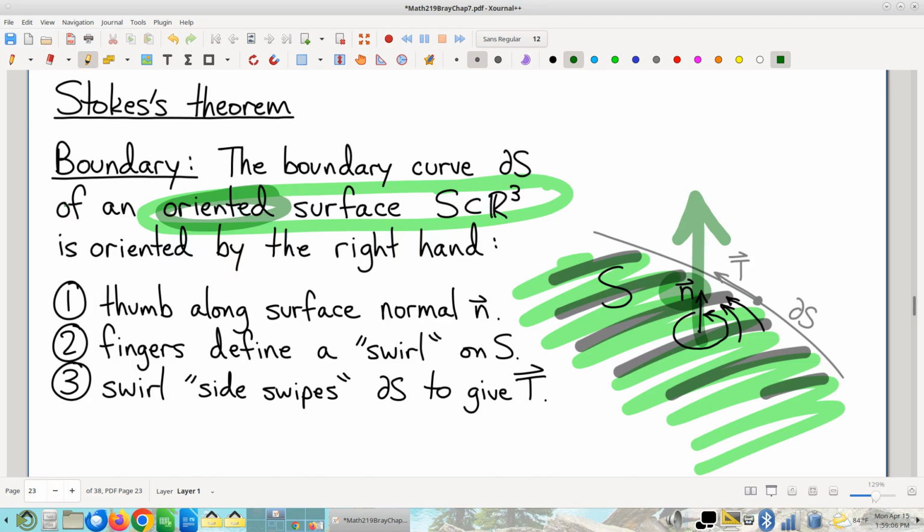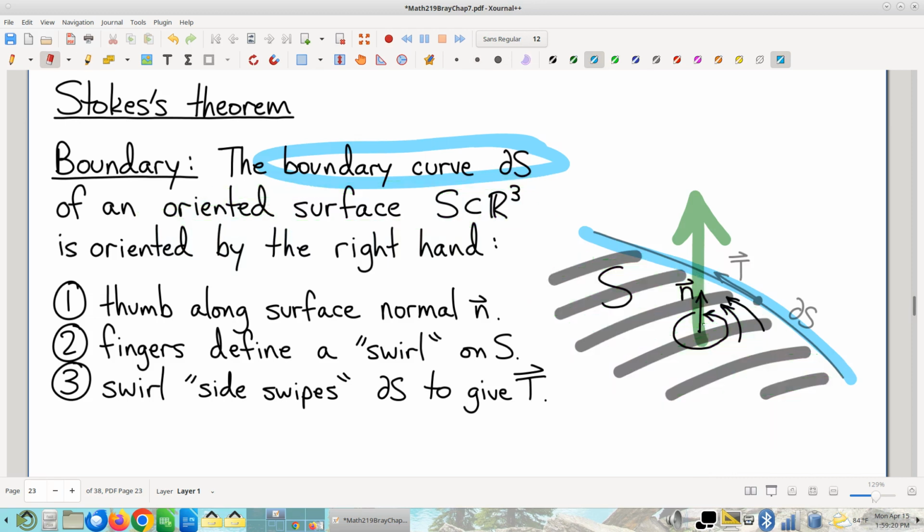So if you have an oriented surface, and this one perhaps has an edge to it, if it has a boundary curve itself, then we can reasonably ask which way should we orient the boundary curve itself? Should I think of this boundary as oriented that way, or should I think of this boundary as oriented that way, right?